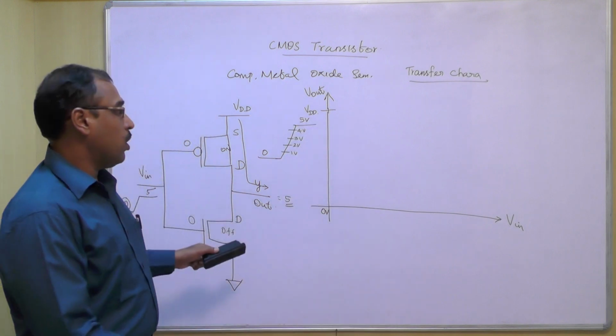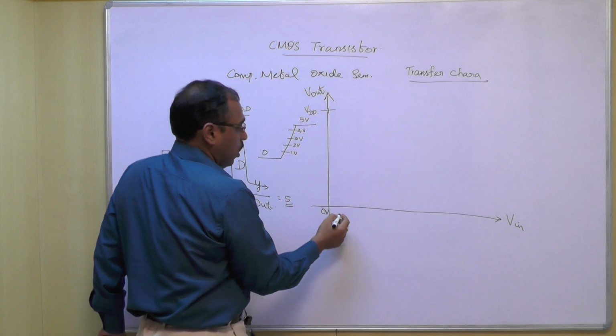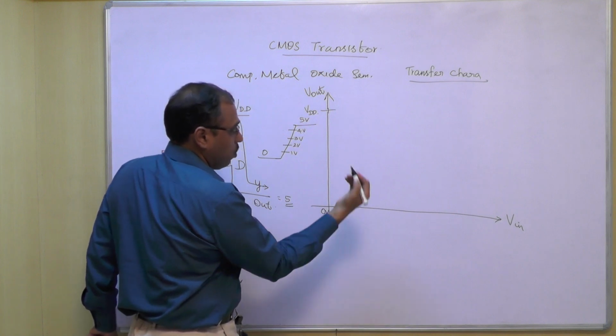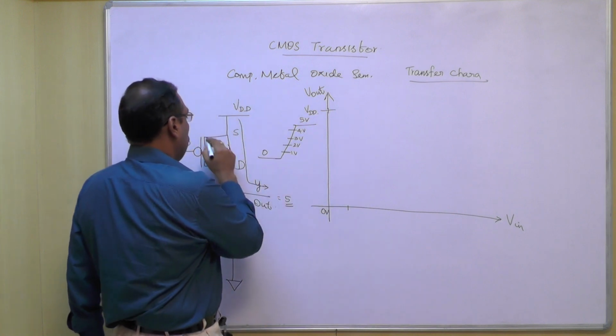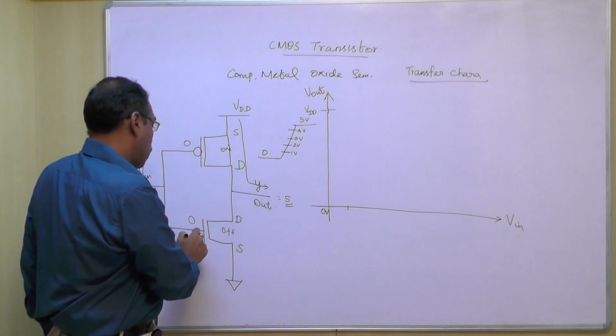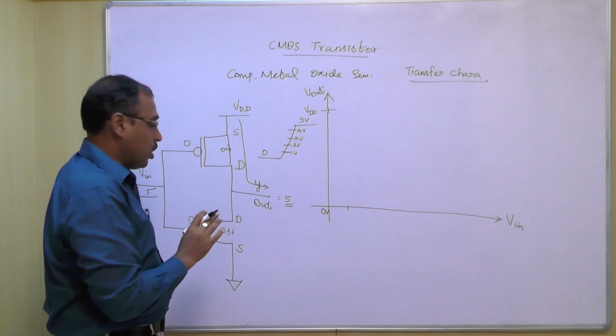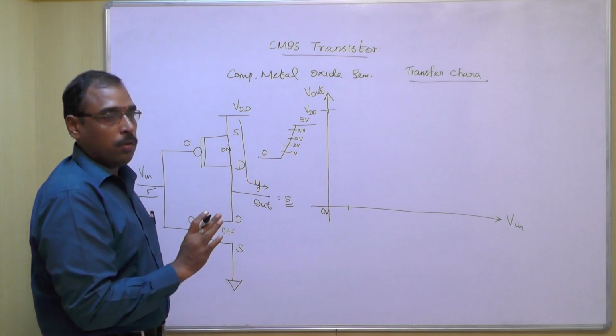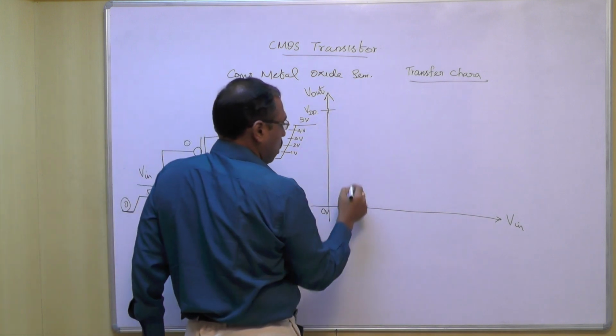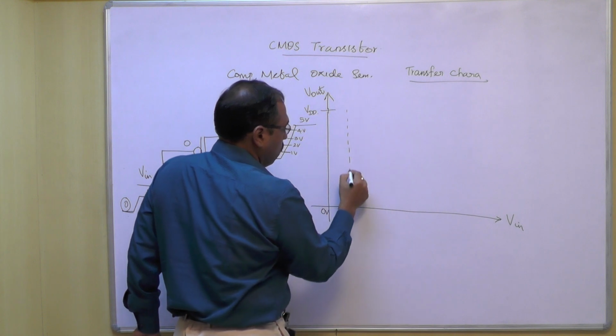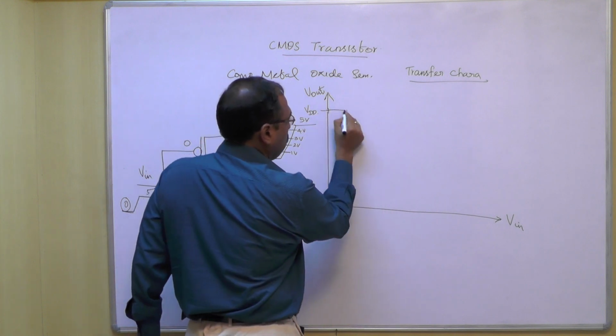When our input voltage is 0, we will get 5 volt. When our input voltage is up to 1 volt, the PMOS is fully in saturation and the NMOS is in cutoff. So till the input voltage of 1 volt, you will get the maximum output voltage.